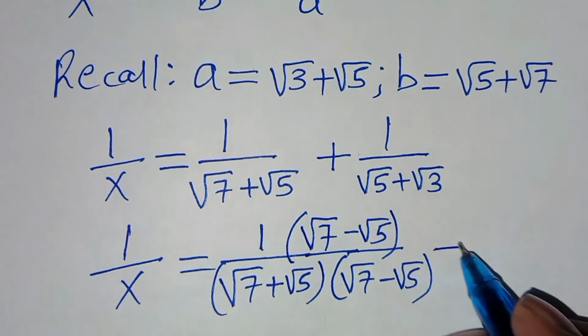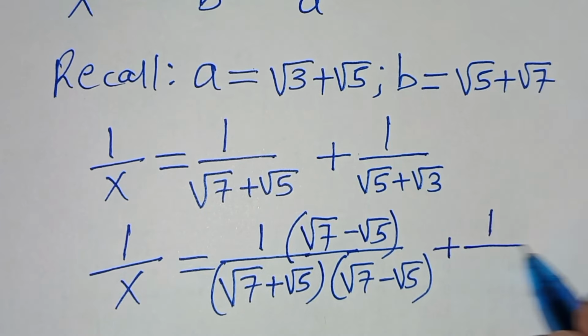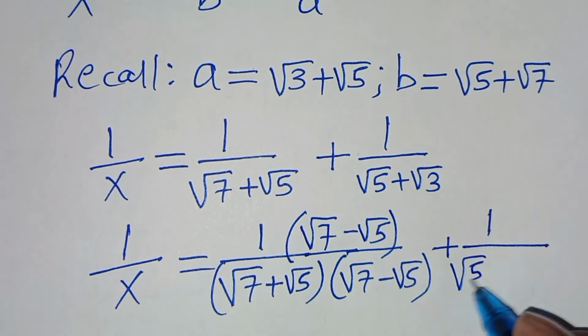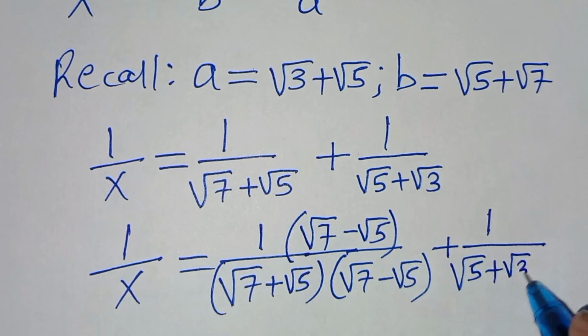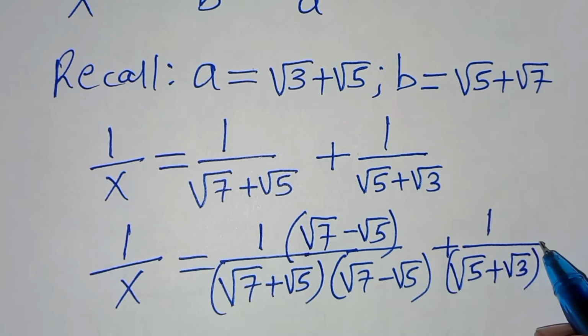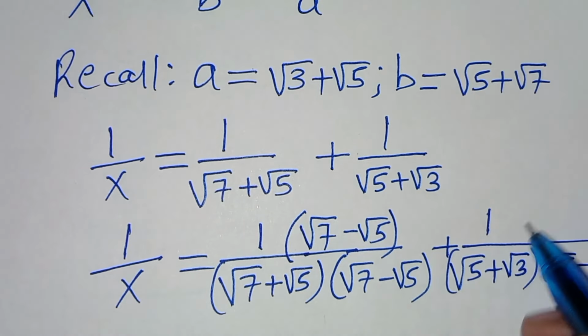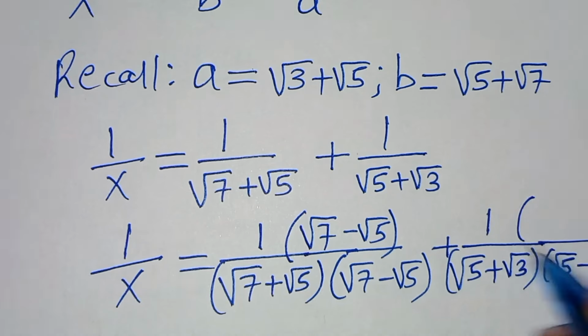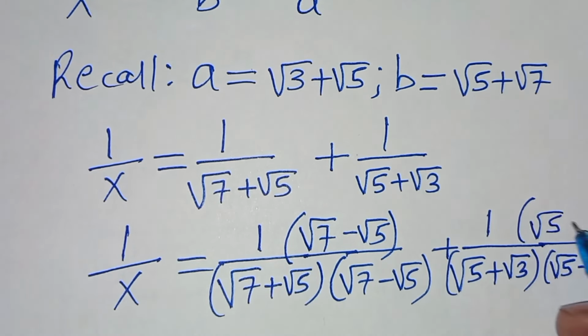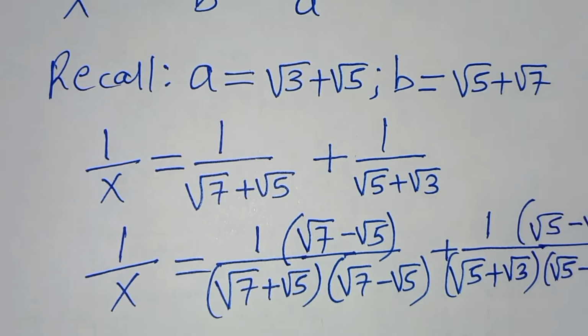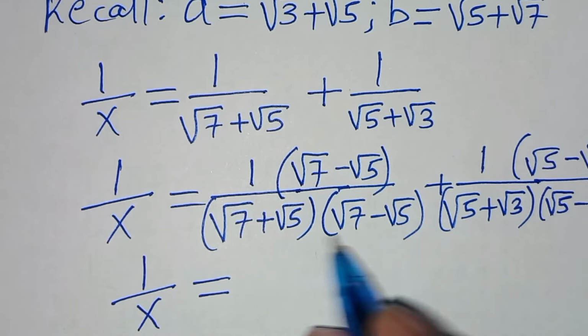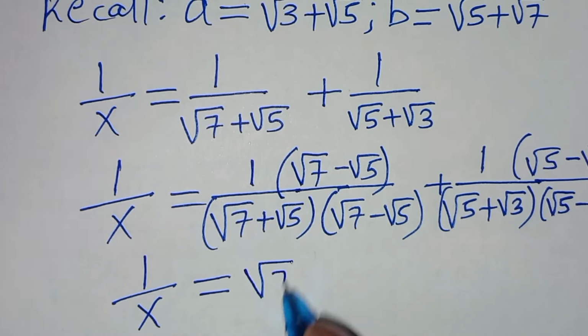Then plus, here we'll have 1 over square root of 5 plus square root of 3 multiplied by the conjugate, which is square root of 5 subtract square root of 3. And you do the same, you multiply in the numerator by square root of 5 subtract square root of 3.